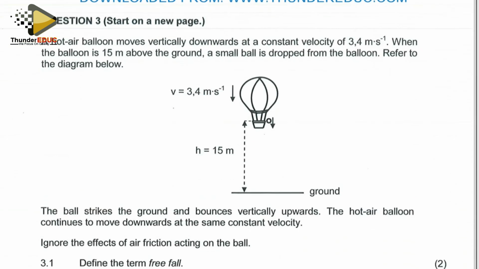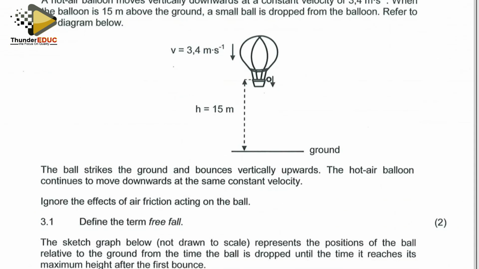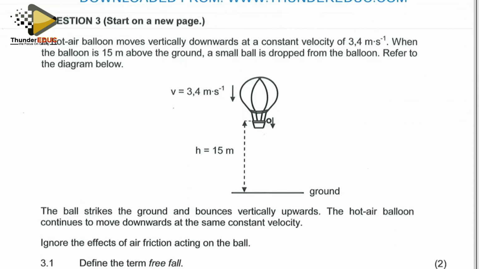Alright, then we move on to question number 3. We're being told that a hot air balloon moves vertically downwards at a constant velocity of 3,4. So if the velocity is constant, acceleration is going to be 0 for the balloon. When the balloon is 15 meters above the ground, a small ball is dropped.